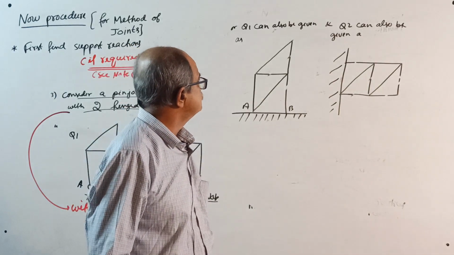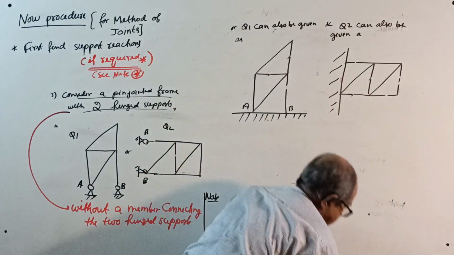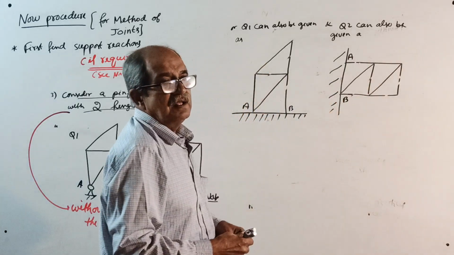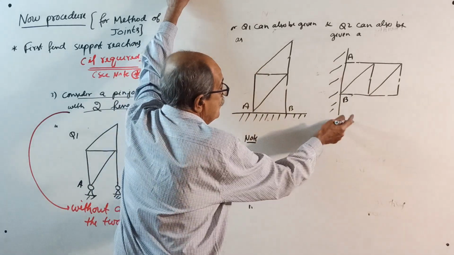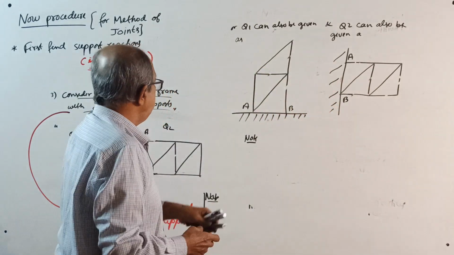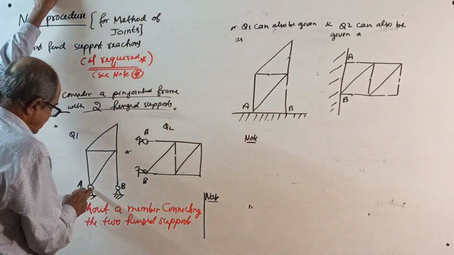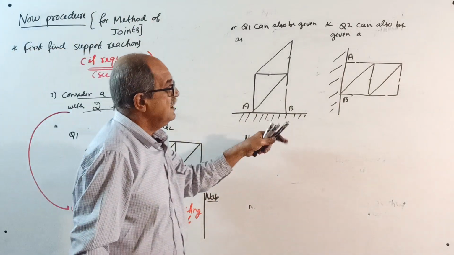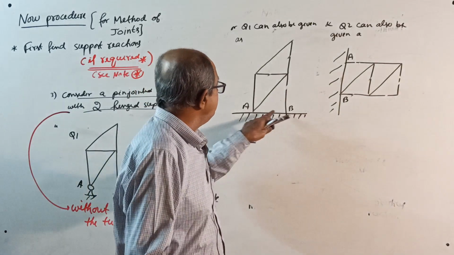Make a note here. AB, see, AB. Don't memorize AB, just A and B. Make a note here. In the above two questions, if we see the previous two examples, it is crystal clear: hinged support at A, hinged support at B. But here, suddenly people will say, oh, the base is fixed.